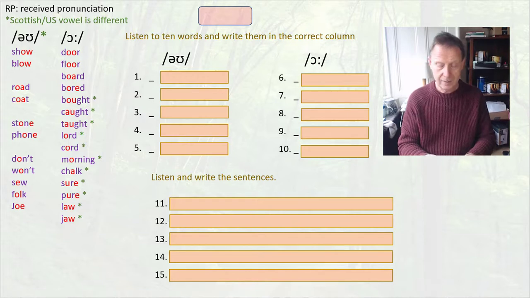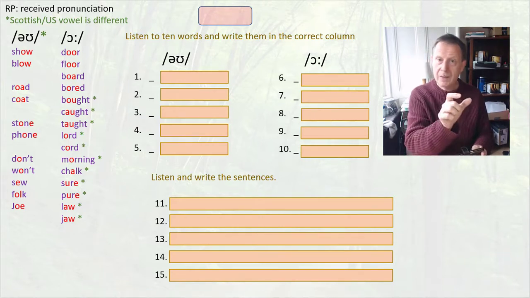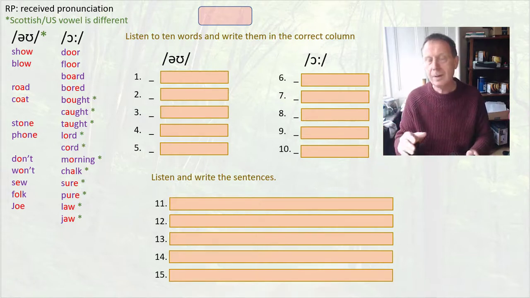Number 6, caught, caught. That's the past tense of catch. Number 7, clause, clause. Now that's the word that means part of a sentence. That's different from the word that you find in Santa Claus. That's a different spelling, but the pronunciation is the same.